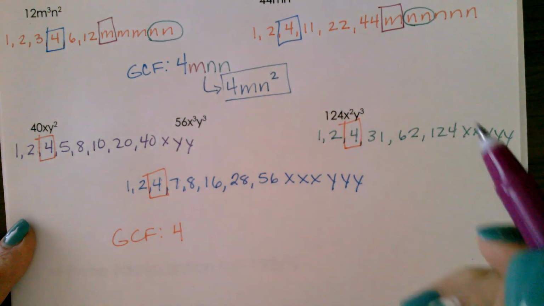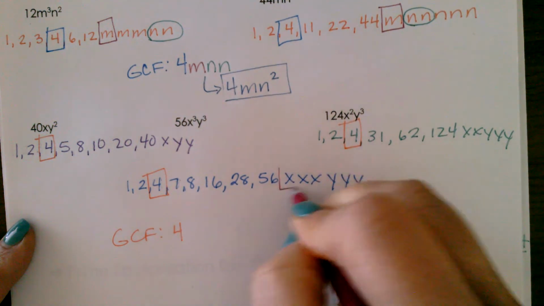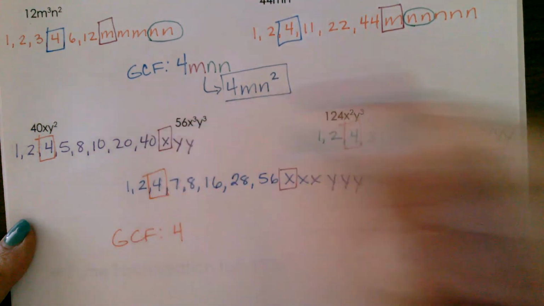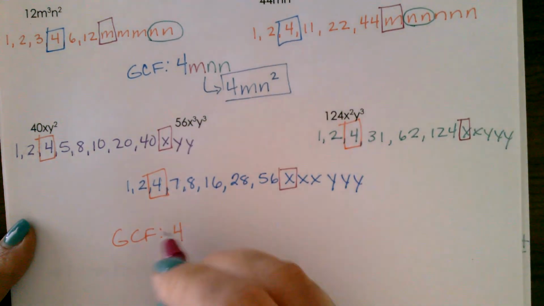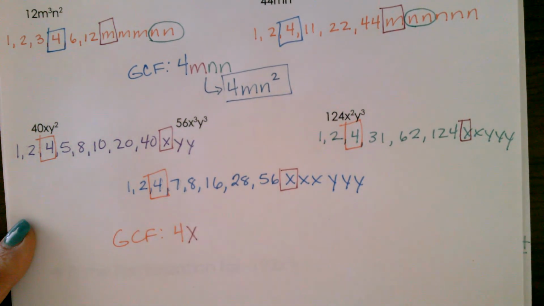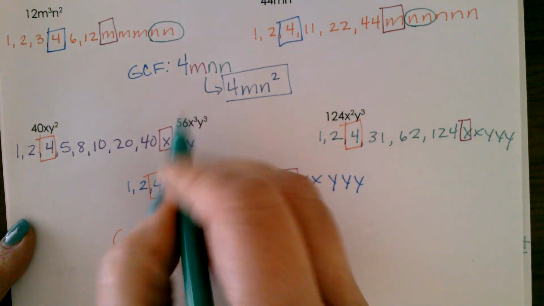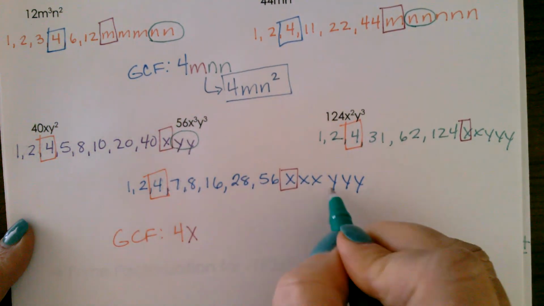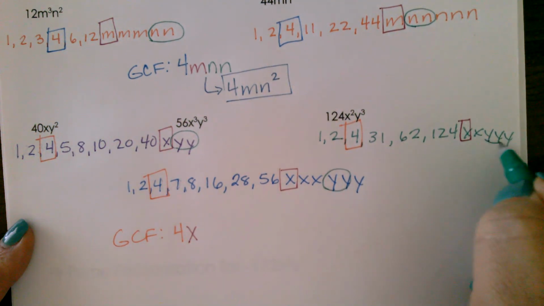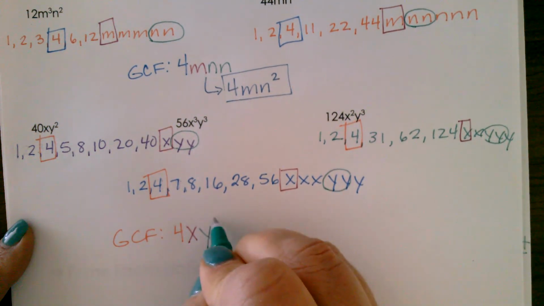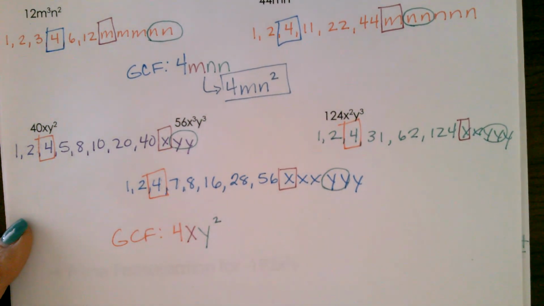I can see that each of them has at least one x. So I will have an x. And then I will look at the y's. There's 2 here, 3 here, 3 here. So the greatest amount they have in common would be 2. So that would be y squared.